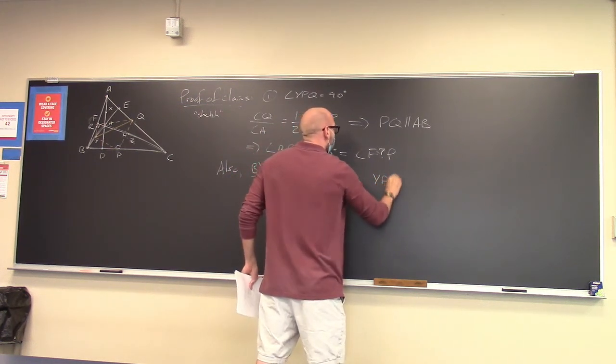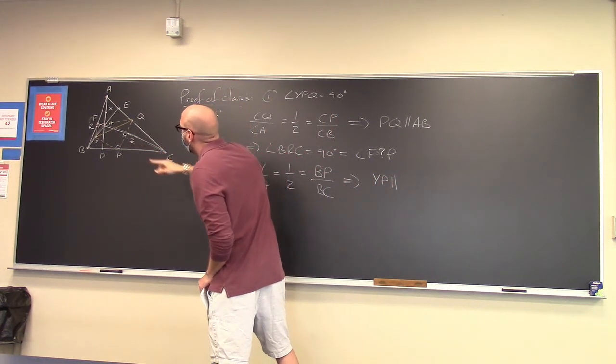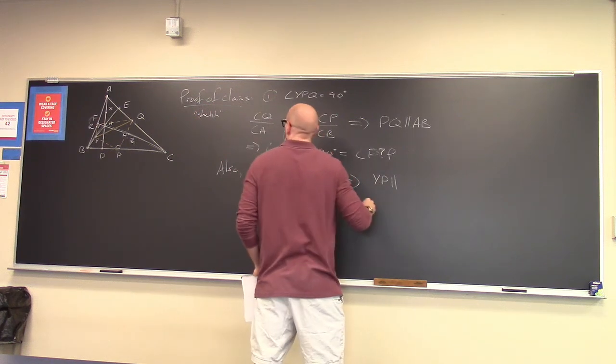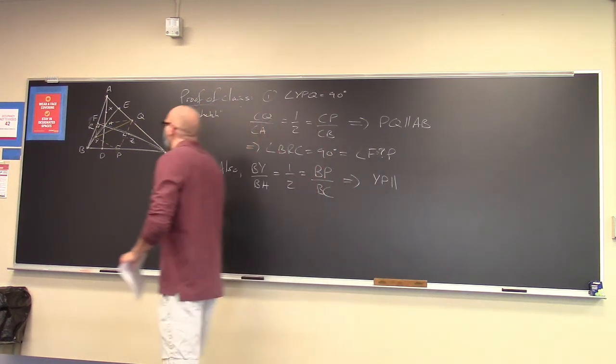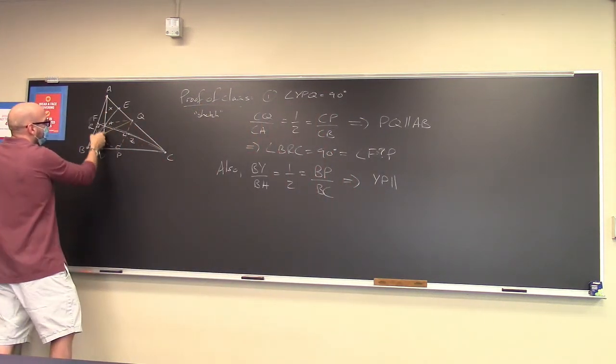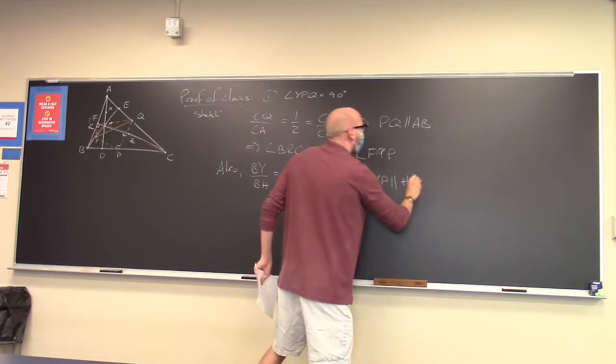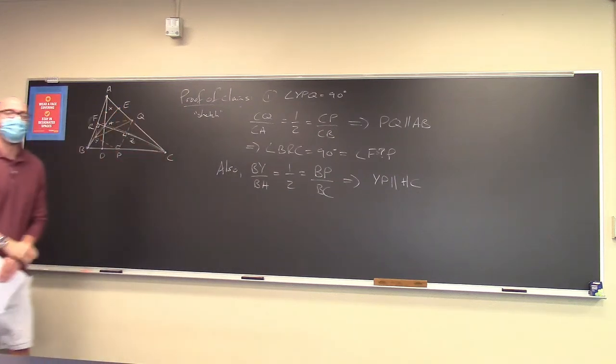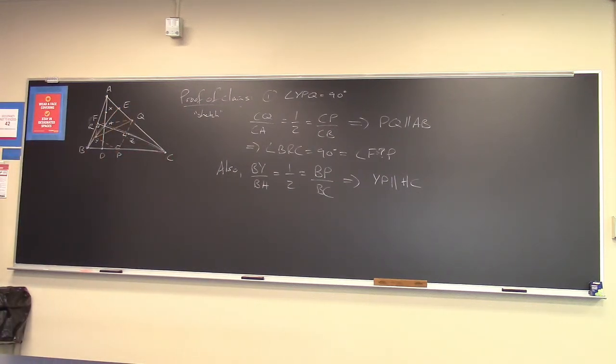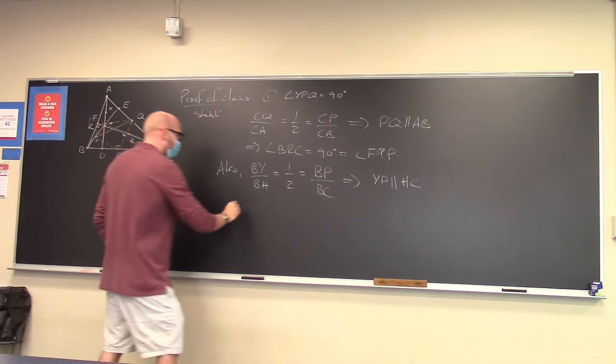Or how about if I'm thinking this is the base of the whole triangle, YP would be parallel to HC. It's obviously the same line, but I'll use consistent naming there. And yeah, now we're done.